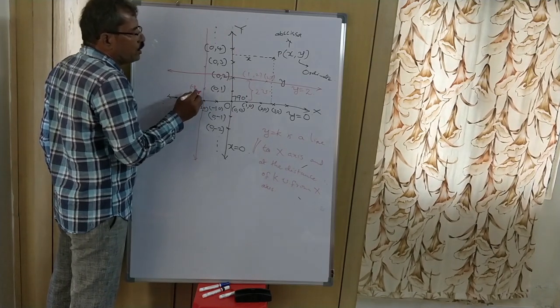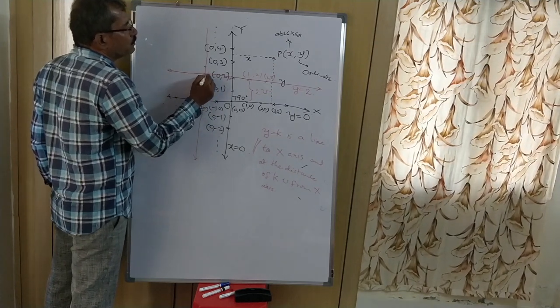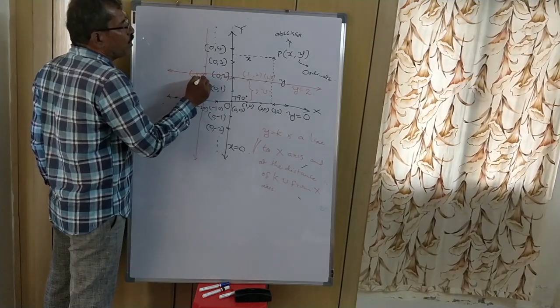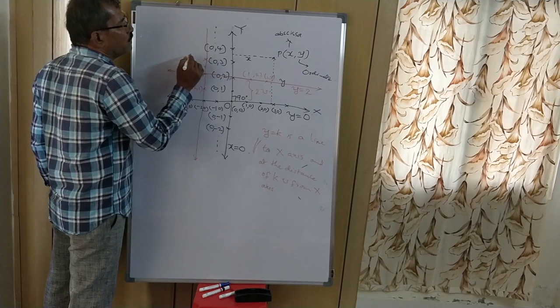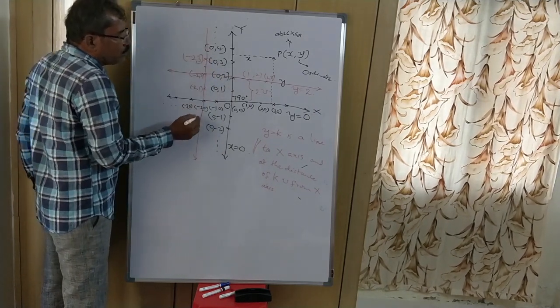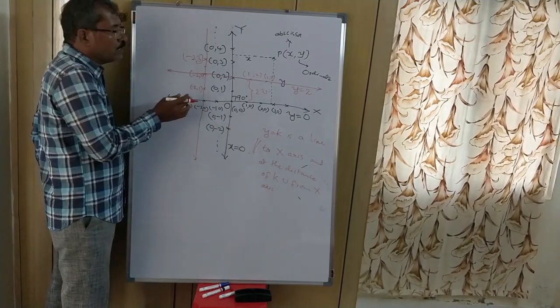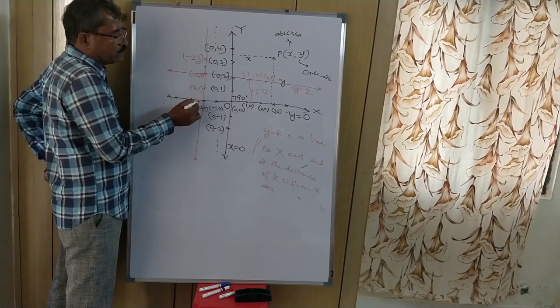It is minus 2, 1, and here it is minus 2, 2, and this one is minus 2, 3. Like that you have the coordinates. What you observe here is that the minus 2 doesn't change, so the x value is not changed.